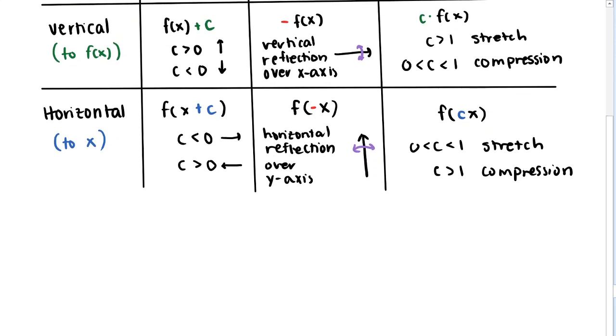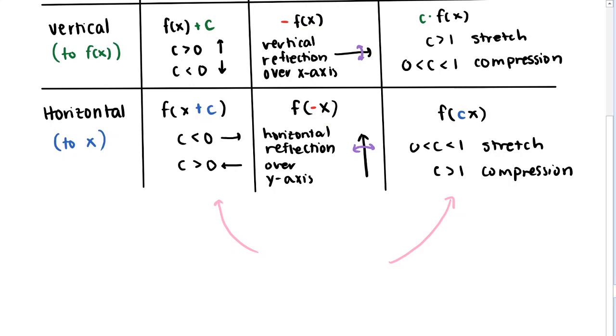And as we saw in the last example and earlier on in this video, these two cases where we're adding some quantity to our input or multiplying our input by some quantity, they're sort of going to do the opposite of what you might expect.